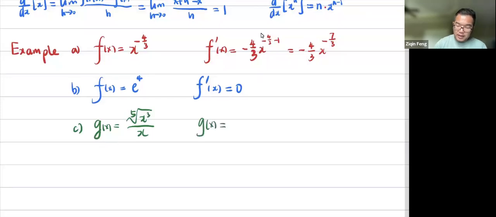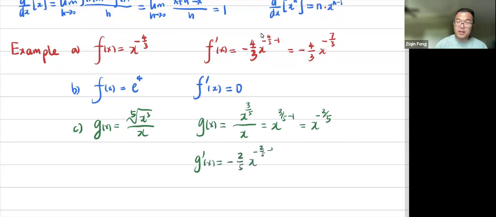This is x to the 3 over 5, over x, so this is x to the 3 over 5 minus 1, which is x to the negative 2 over 5. So g prime of x is negative 2 over 5, x to the negative 2 over 5 minus 1, which is negative 2 over 5, x to the negative 7 over 5.